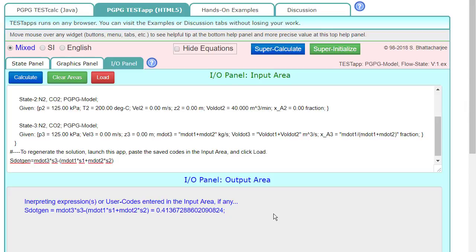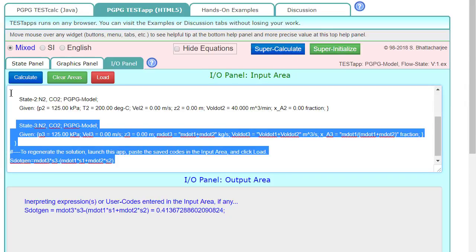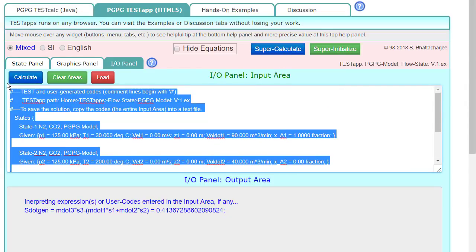All right, the next part of the problem asks to find the mixture temperature using the IG and then RG model. So we could just repeat the whole process we just did in the binary IG model, but an easier way is to just hit super calculate and then copy and paste the code it generates.